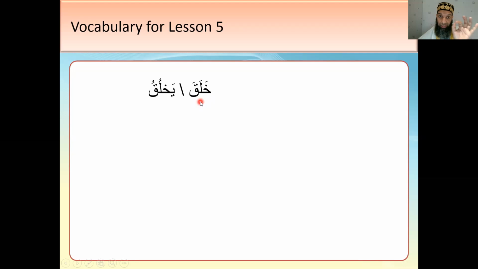These are 90 to 95% verbs. So we're just doing the 3-lettered verbs. We're not going to go into 4 and 5. That gets a bit complicated. For this course, we're just doing the 3-letter verbs. So khalaqa yakhluqu appears 240 times. That's a lot, in its various forms. Right, next one.